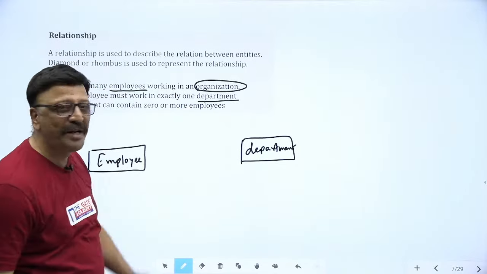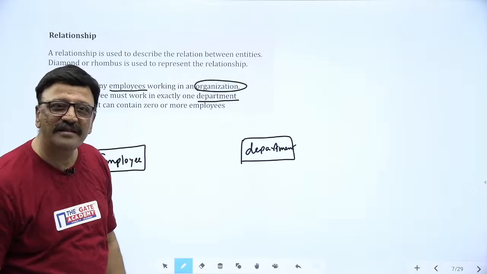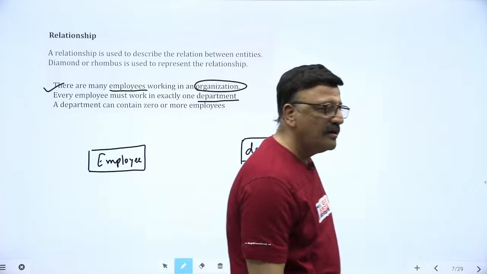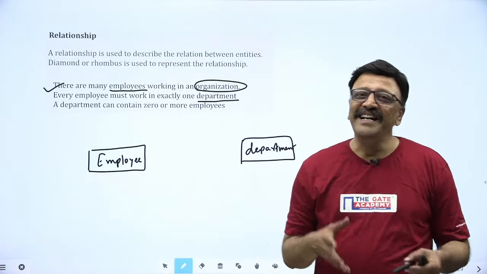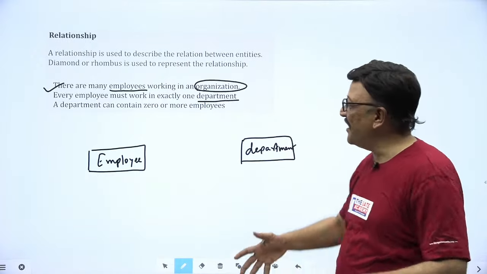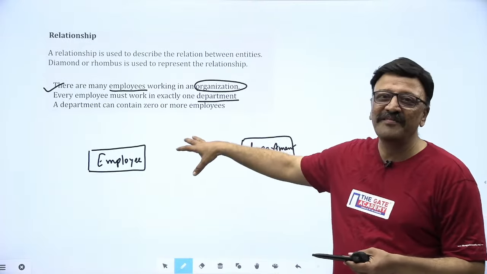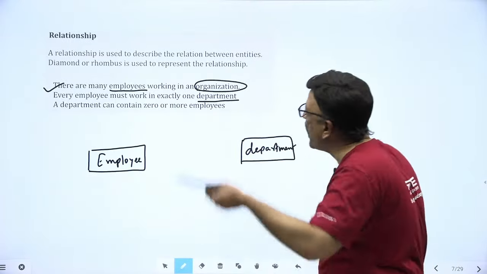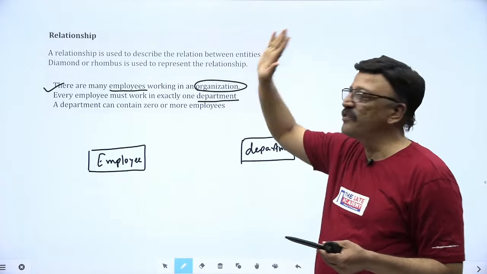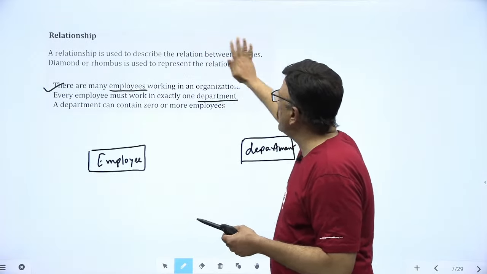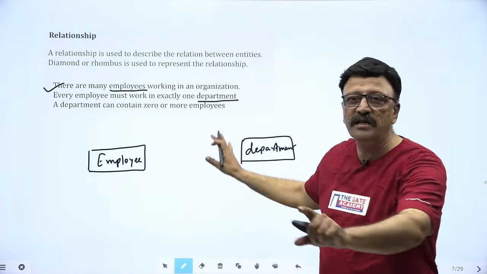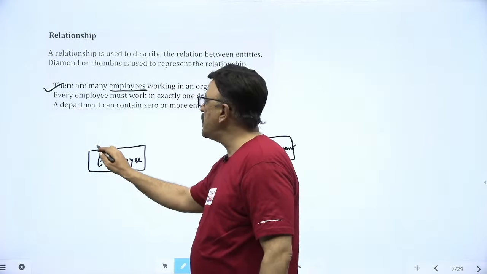If you are saying department is a place, organization is also a place. So why are you not making an entity for organization? Now look, my dear friend, we are writing this particular database schema for the organization, correct? And if we again make an organization entity, then all these things are part of the organization, isn't it? I hope you understand. So we won't go to that superficial level, but we say that there are two entities, employee and department.